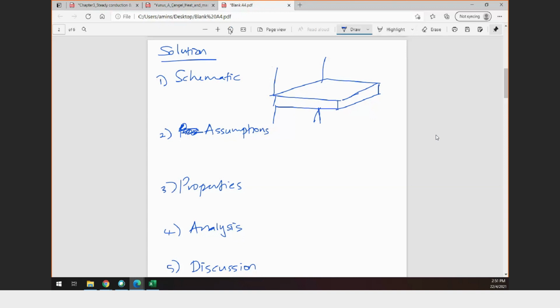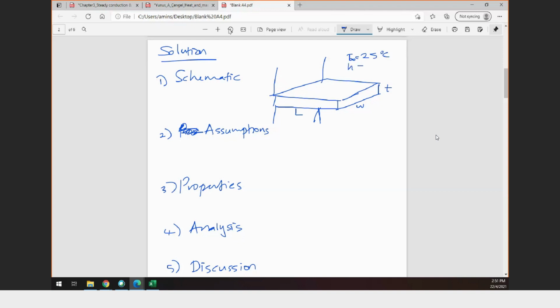So this is your thickness, this is your width, this is your value of the L. Okay, and then the surrounding temperature is about 25 degrees Celsius.